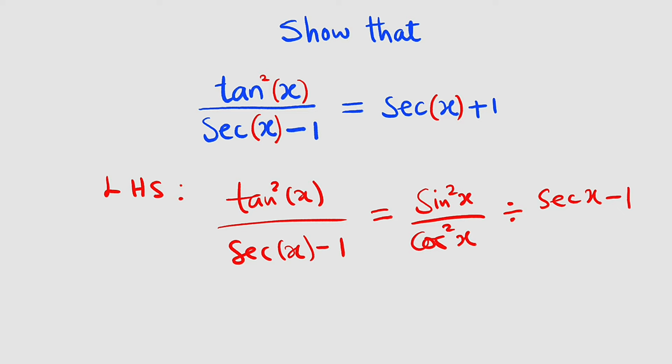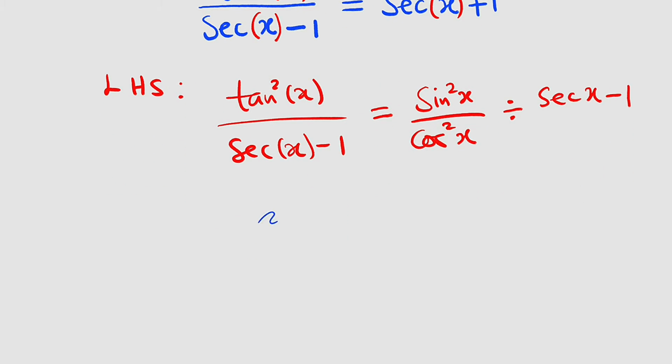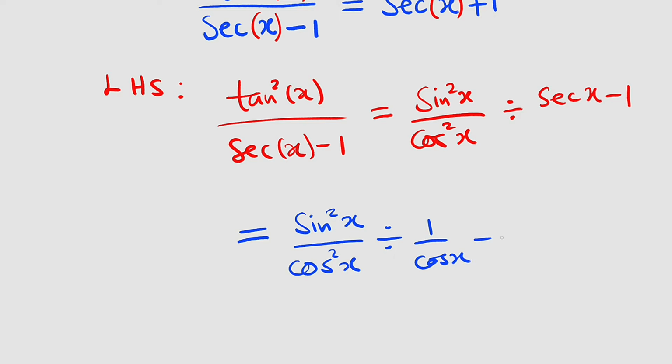And we all know that secant x can be expressed as 1 divided by cos x, because it is just the reciprocal of cosine x. So this becomes sine squared x divided by cosine squared x, divided by 1 divided by cos x minus 1. Let us simplify this first.